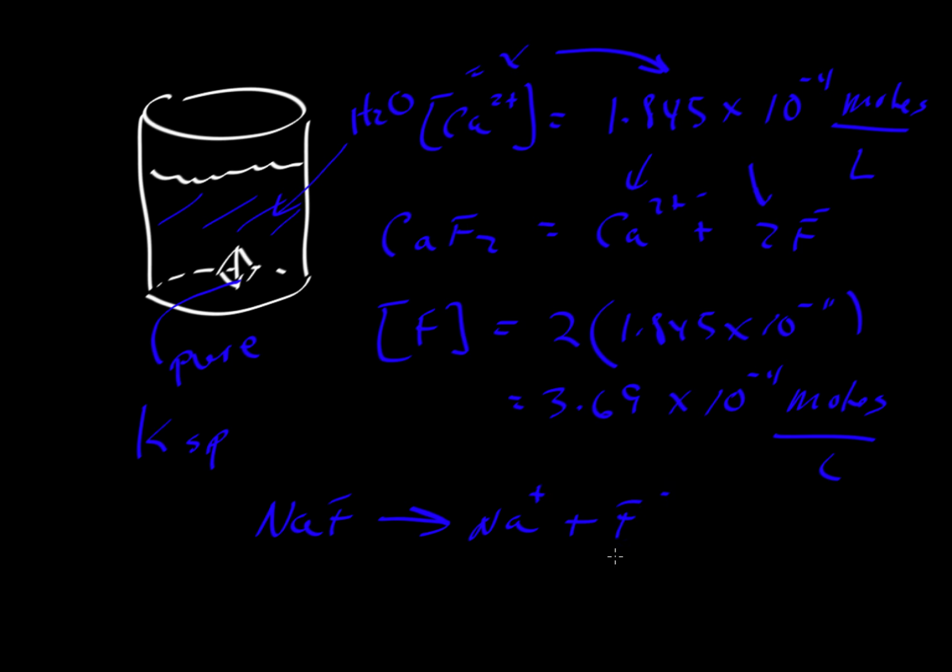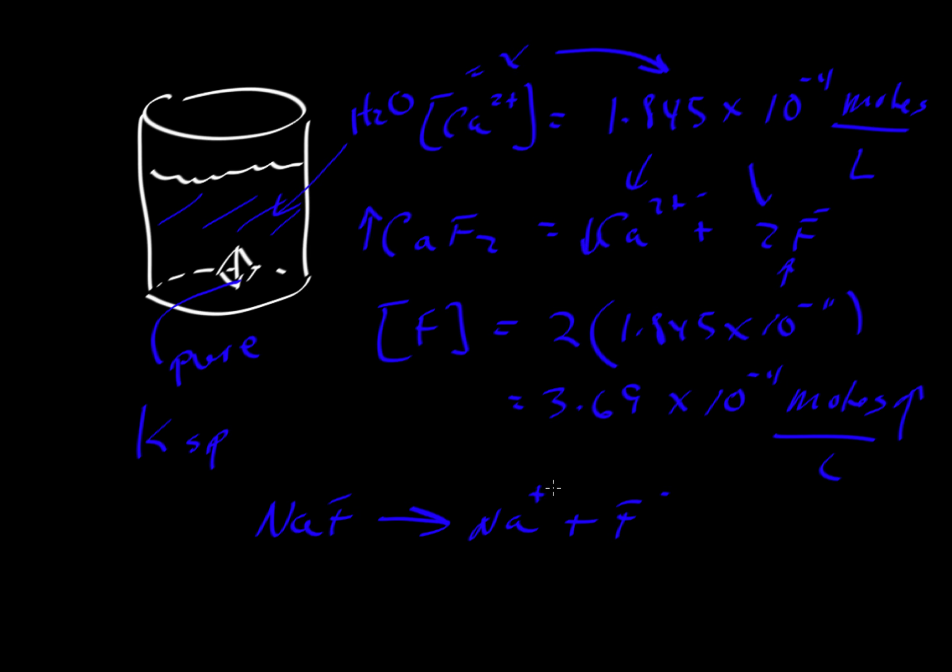And if we had sodium fluoride dissolved in the water, then that is going to increase the amount of fluoride. But if we increase the amount of fluoride, that's going to react to bind with the calcium to decrease the calcium and increase the amount of fluorite.